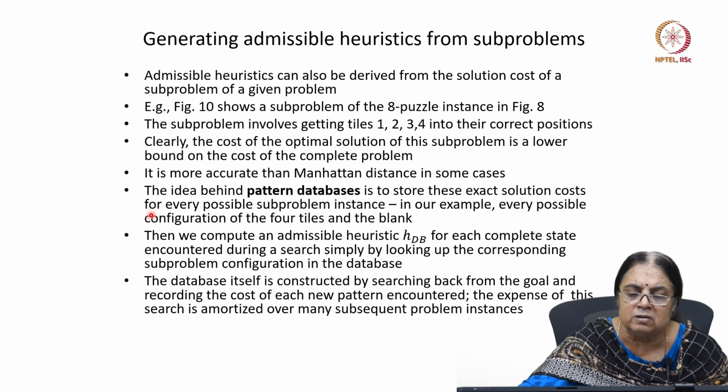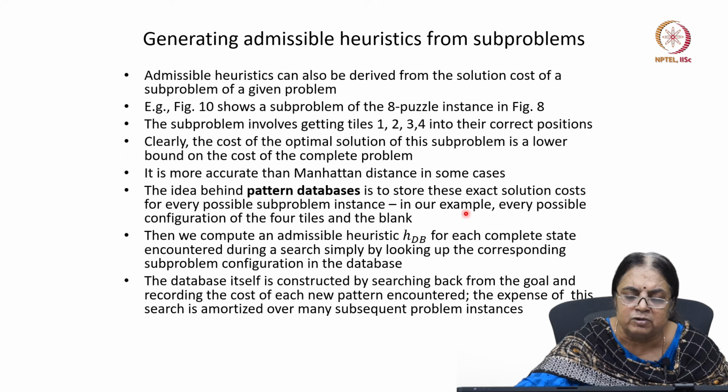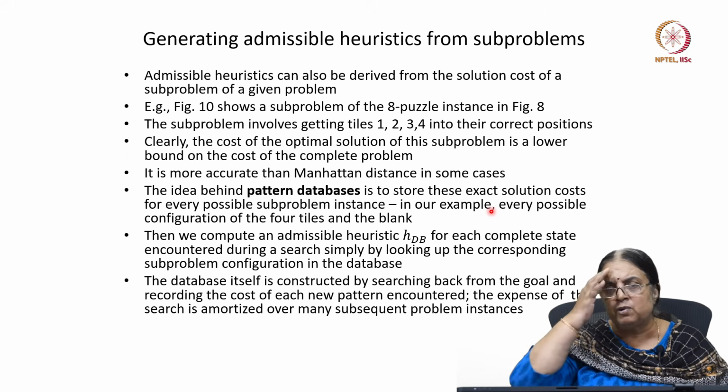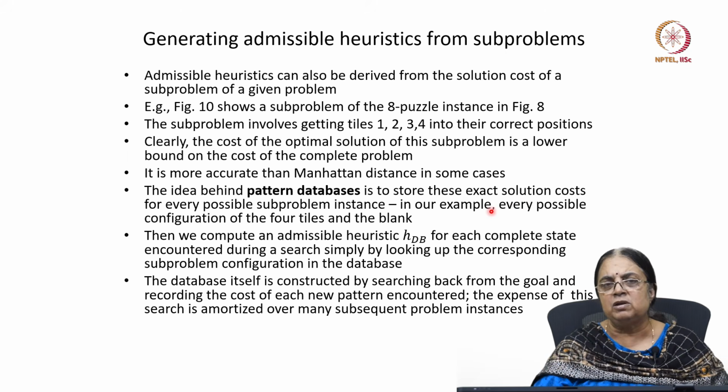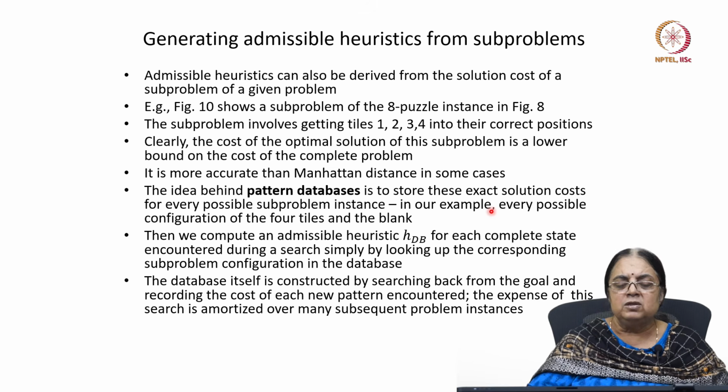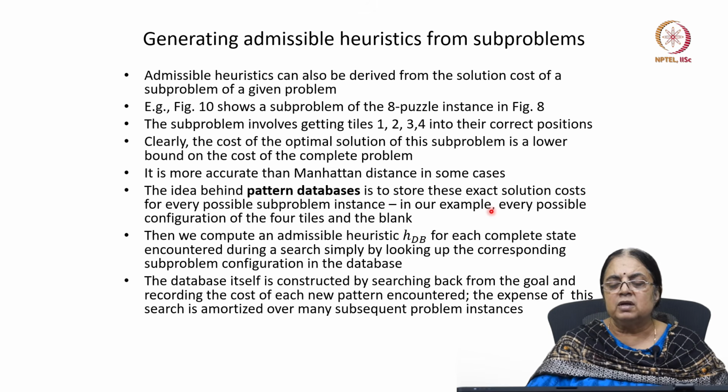This is what is called pattern databases. These pattern databases are used to store exact solutions for the sub problems, because the sub problems are obviously smaller than the overall problem. So you can store exact solution costs over there.